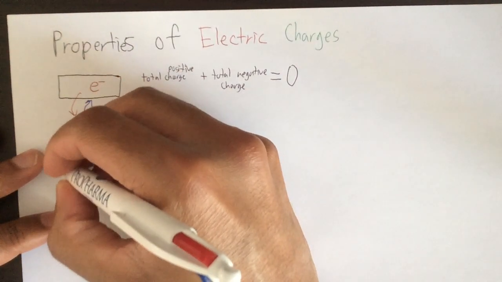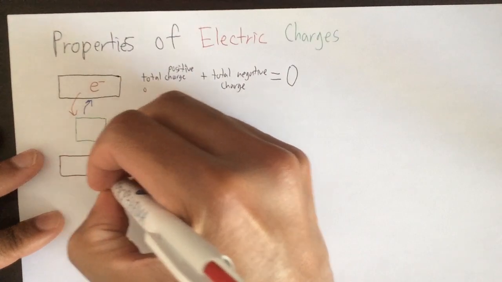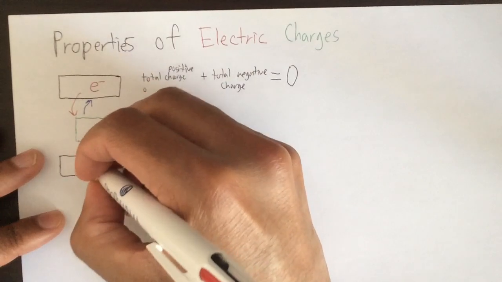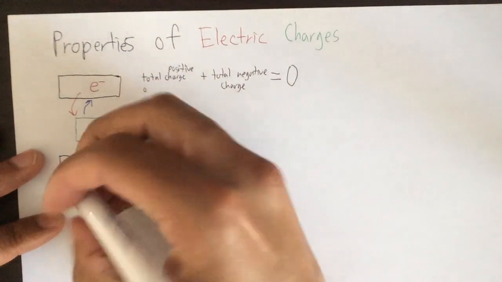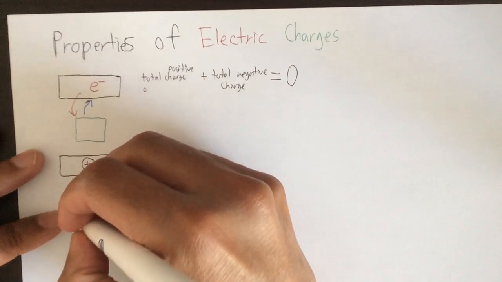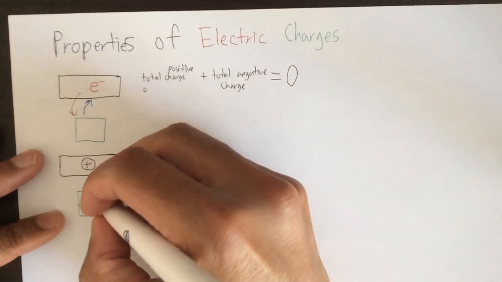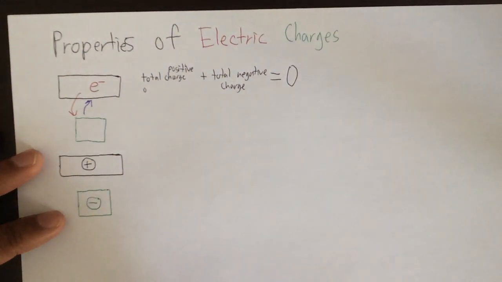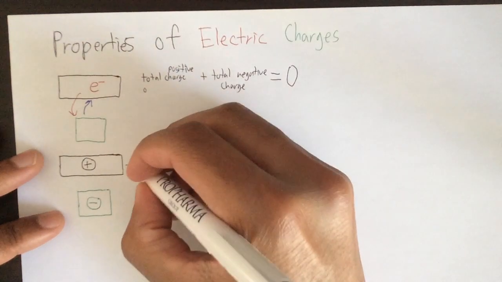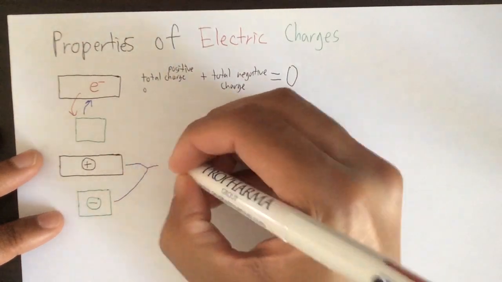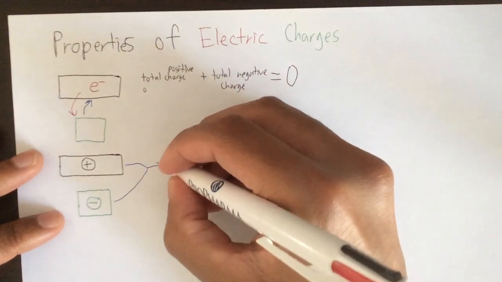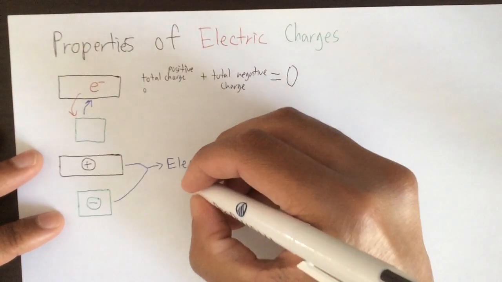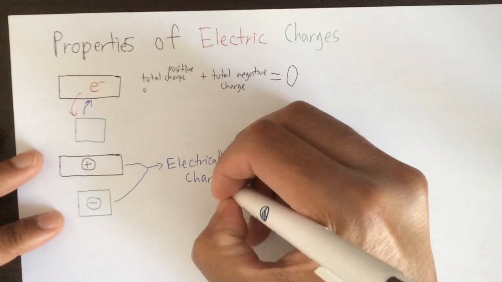So now we have this new situation with the bar that has now a total net charge that is positive and a cloth that has a total net charge that is negative. So these two objects are now considered electrically charged.